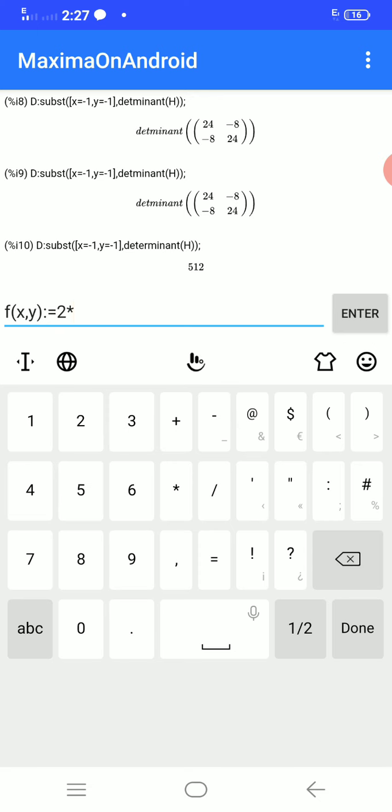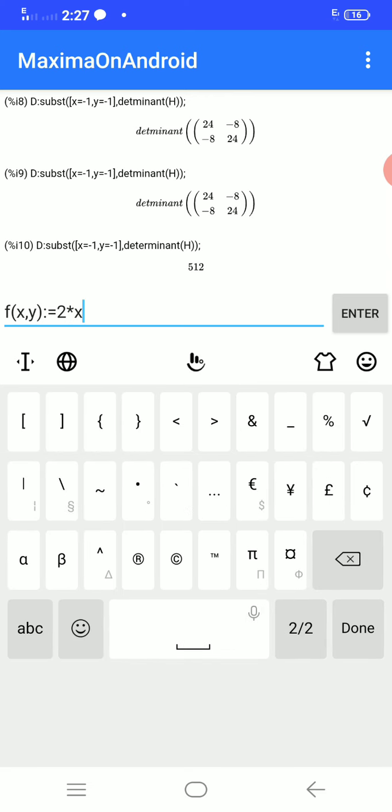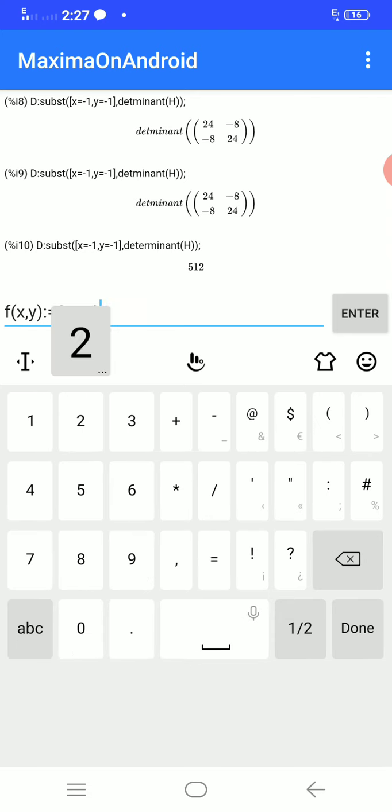Since there is multiplication between 2 and x square, we use star. So 2 star x raised to 2, plus y square, then enter.